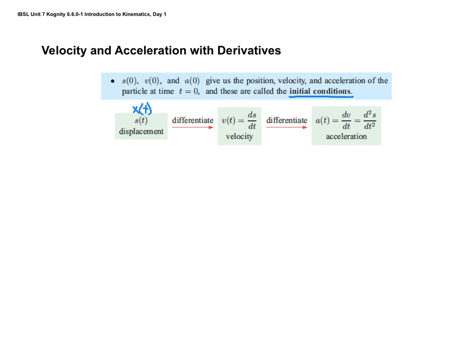When they say describe the motion of an object at a specific time, you should give all three of these. You should say it is at this position, moving with this velocity, with this acceleration.